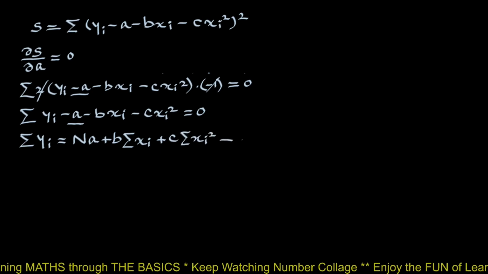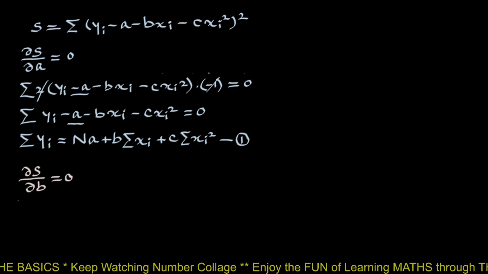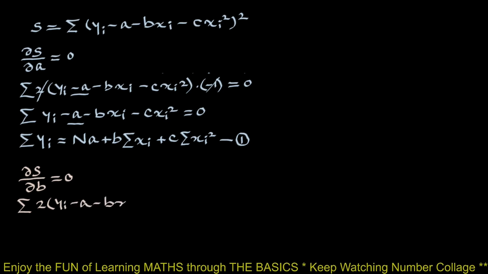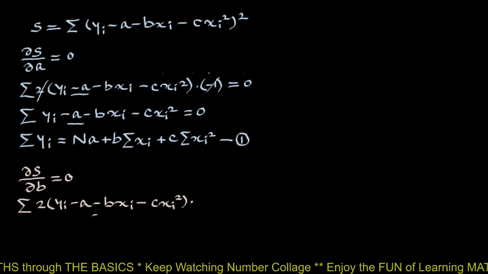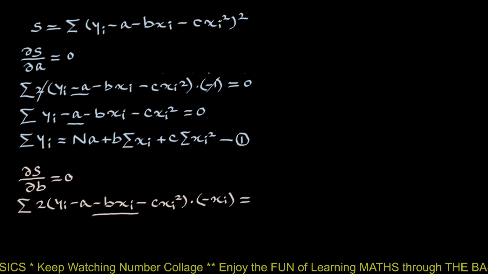We name this 1. Next, dou S by dou b equals 0 gives summation 2 times yi minus a minus bxi minus cxi square into derivative of minus bxi with respect to b, minus xi, equals 0.